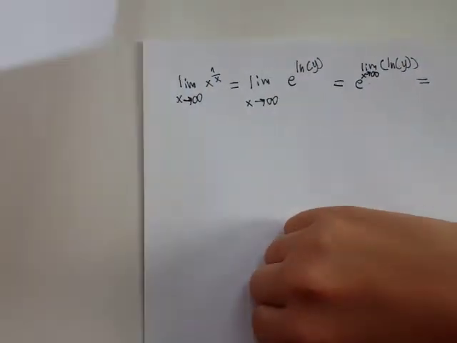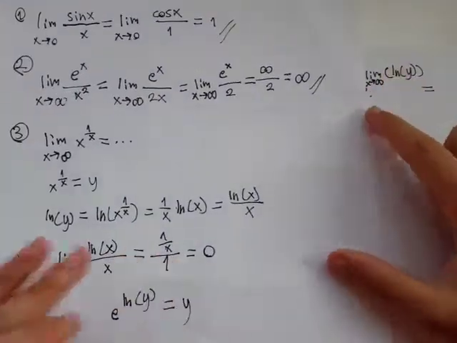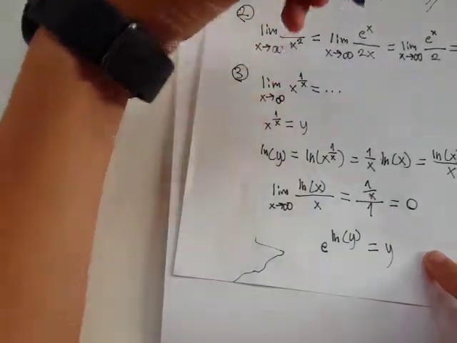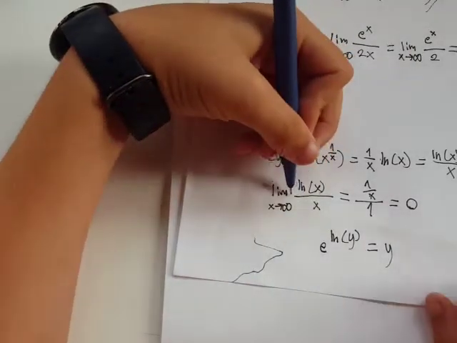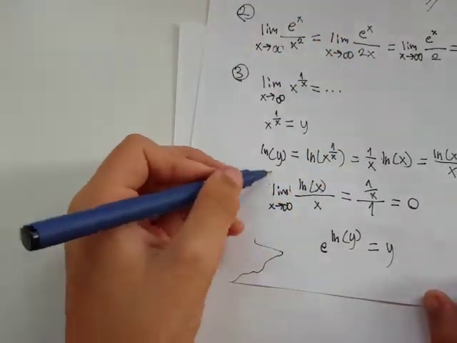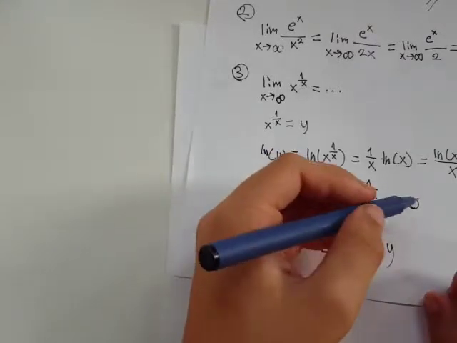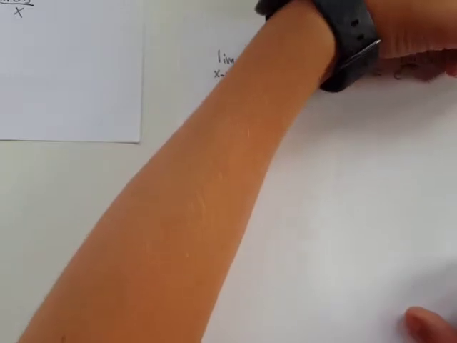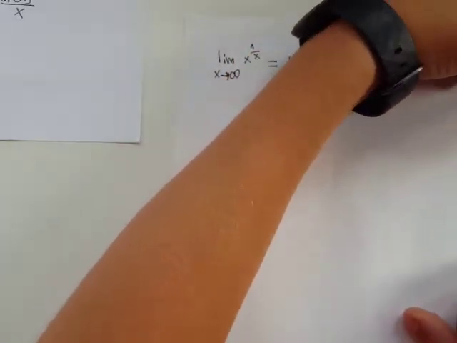And here, we know what this is, because we found it before. It's this, and this is equal to 0. So it's e to the 0, which is equal to 1.